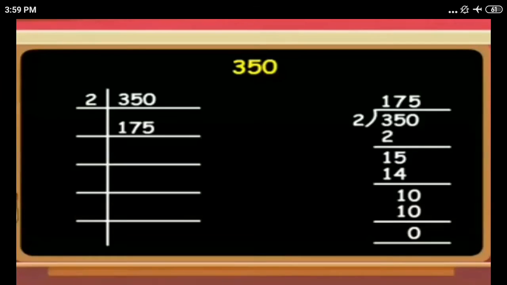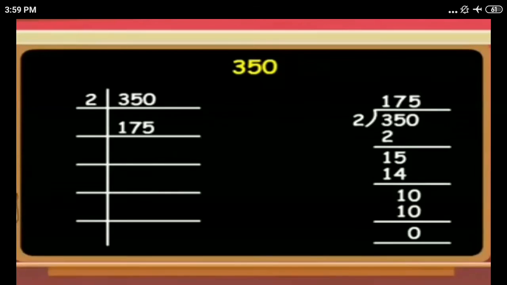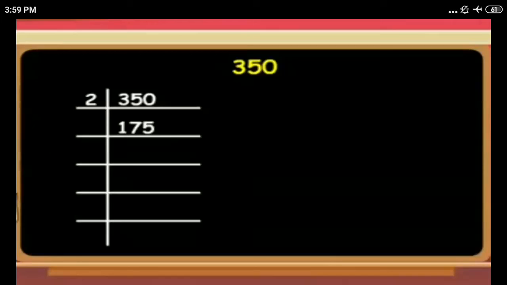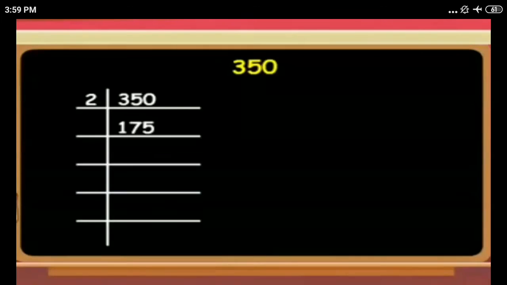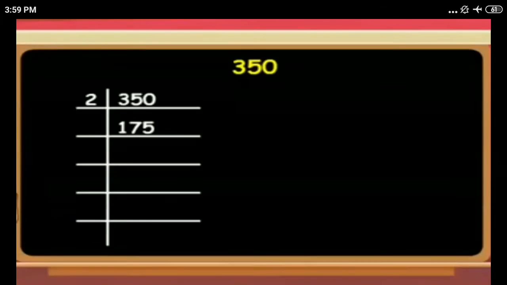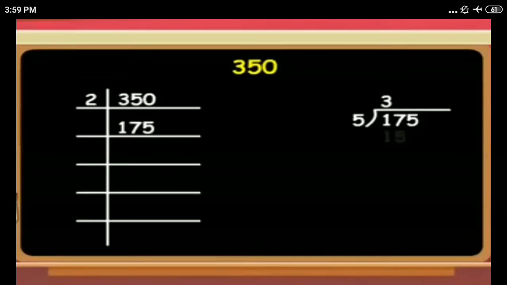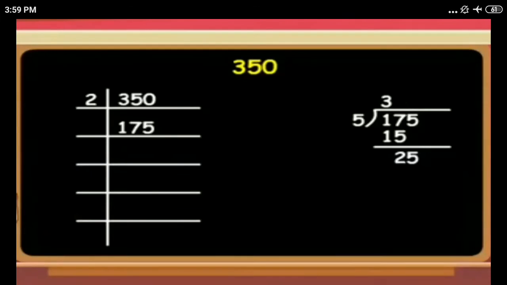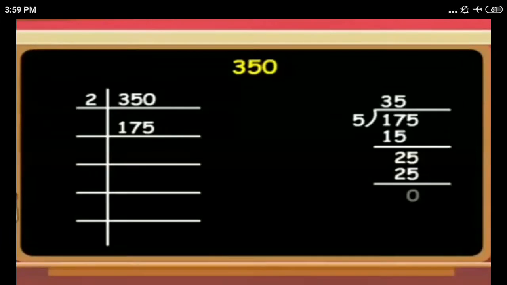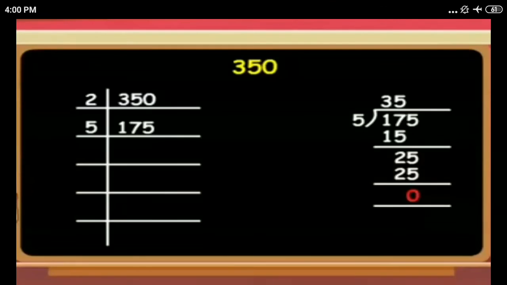Again, we have to divide 175 by a prime number. If we divide 175 by 5, because 5 is a prime number, it is completely divisible because the remainder is 0.